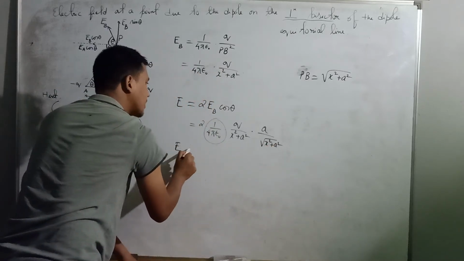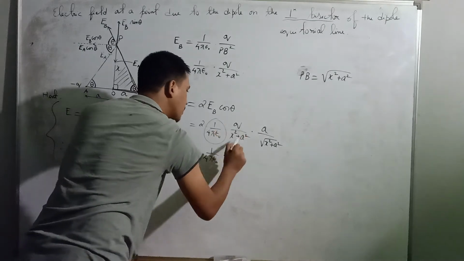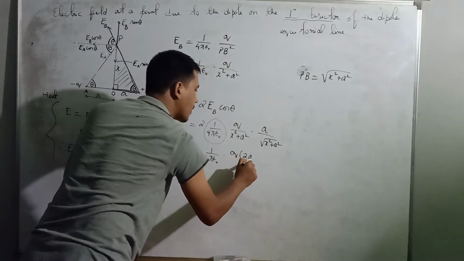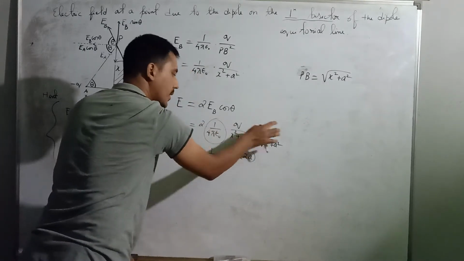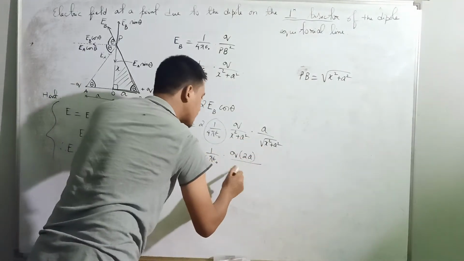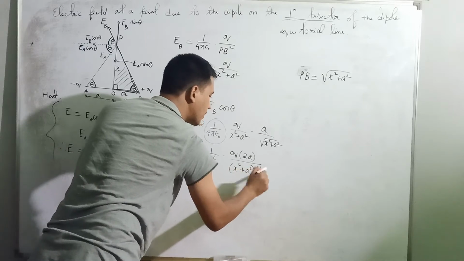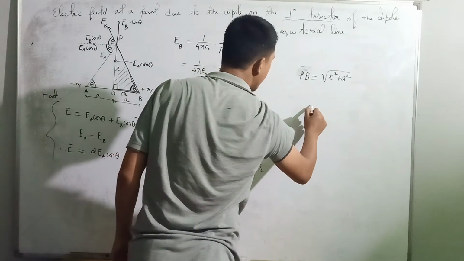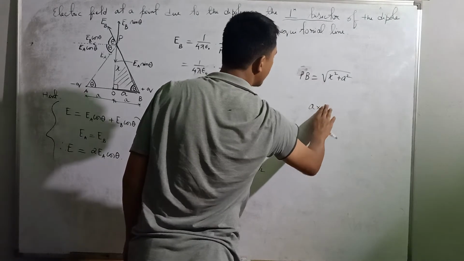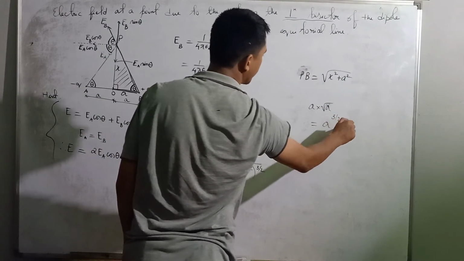In that case, your resultant electric field will become 1 by 4 pi epsilon naught into q times 2a, rearranging, upon x square plus a square to the power 3 upon 2, because a times square root of a, for example, is a to the power 3 upon 2, right?